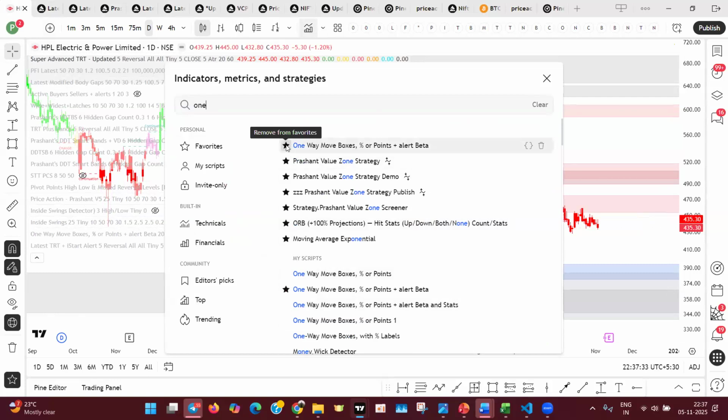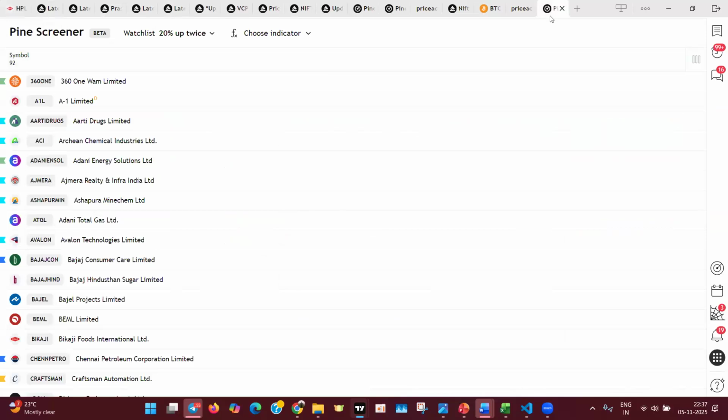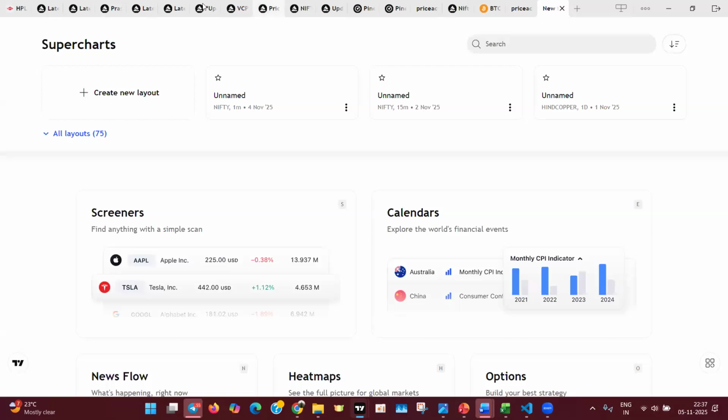When you click on this star, only then that indicator will be visible in the beta screener. Okay, now after that, what you have to do is open a new window. This is the desktop app for TradingView. If you click on new window, you can see screeners. Click on screeners, then click on Pine.